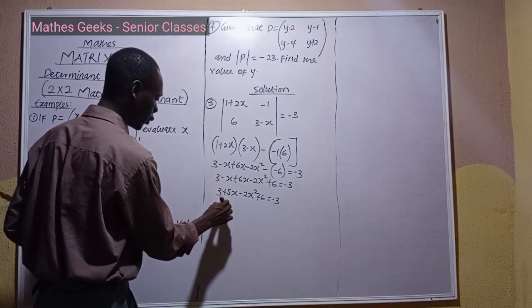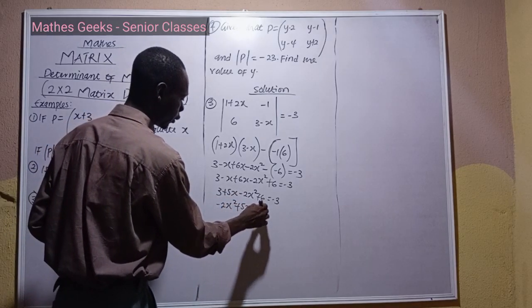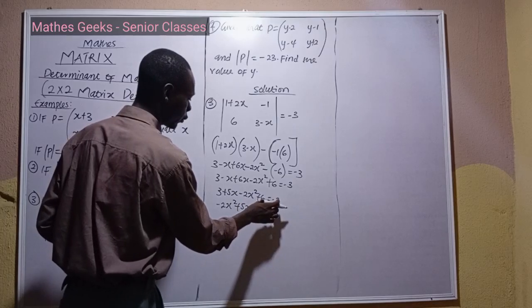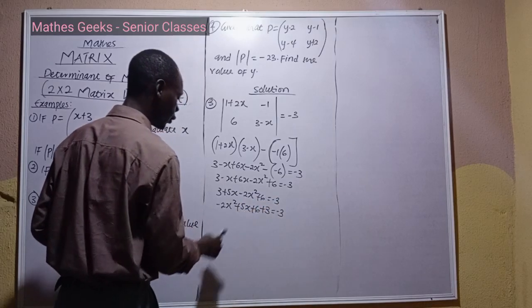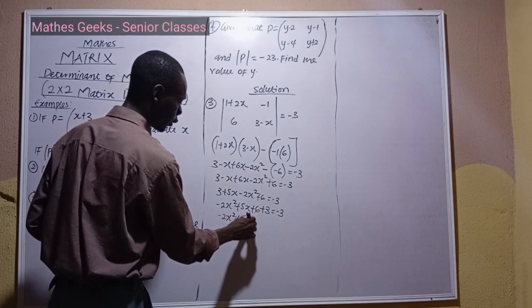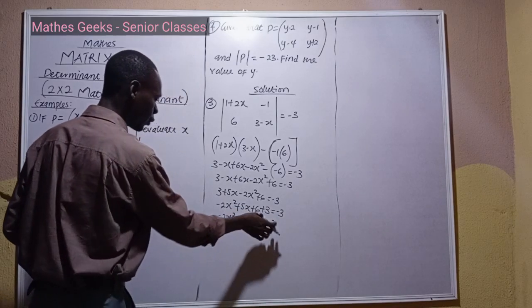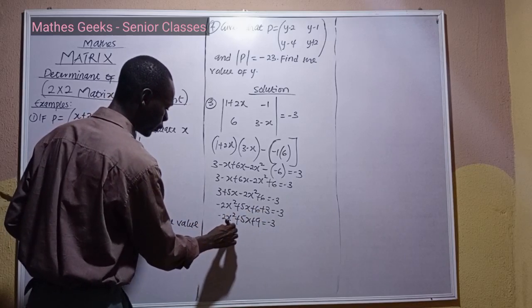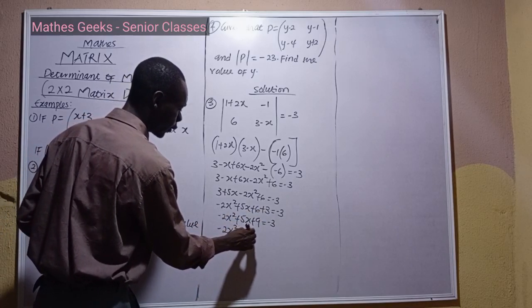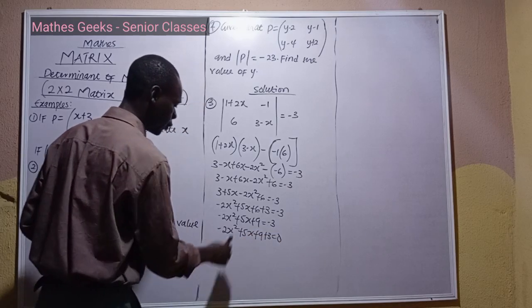So minus 2x squared plus 5x plus 6 equals minus 3, so minus 2x squared plus 5x plus 9 equals 0 after bringing this one over here.